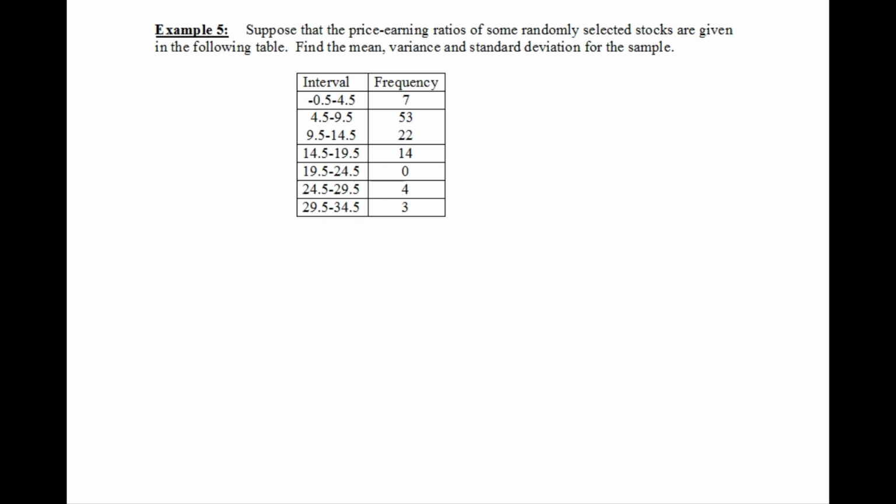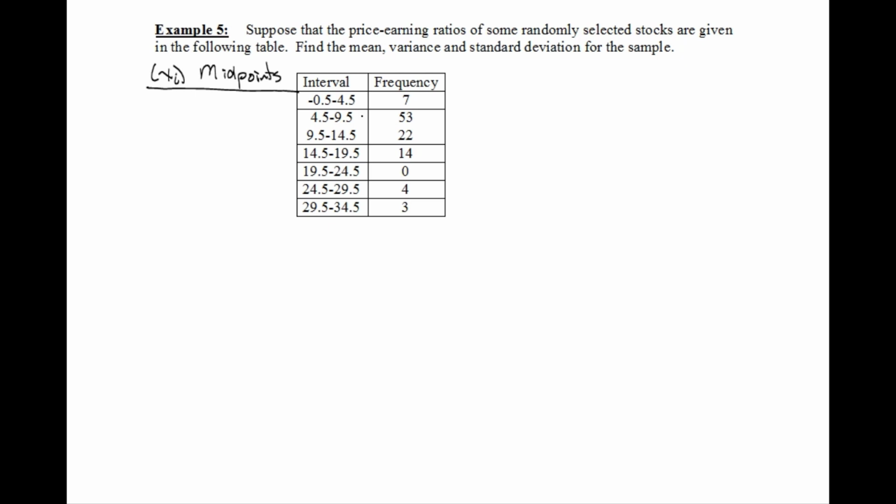Okay, we are going to put on the left edge, or whichever side you like, of your table, a column for midpoints. These are going to be the xi's in the formula that we saw a moment ago. And they're going to be halfway through the interval.